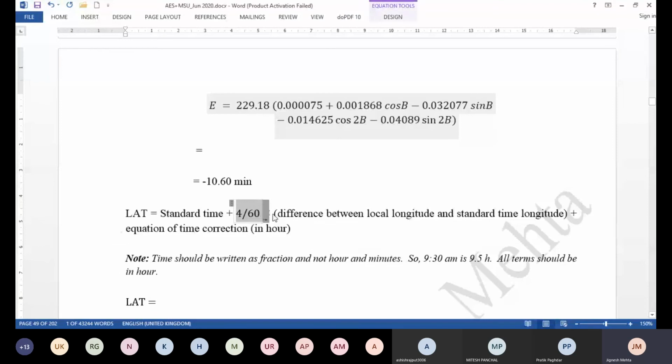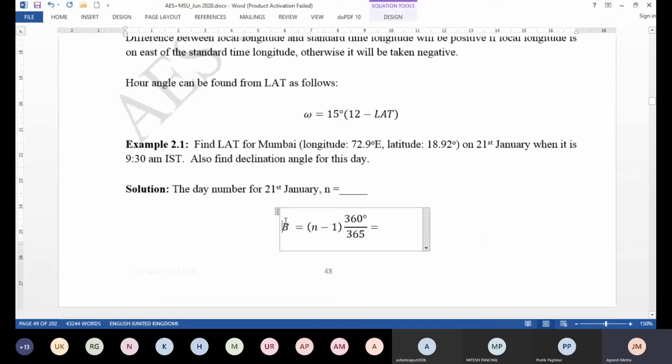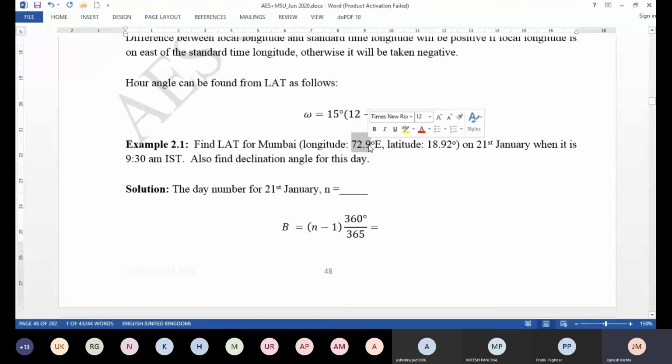4 by 60. And what is the difference? The difference is the difference between this 72.9 and 82.5. So this is in fraction. Mind well, this is in fraction, so you can use it as it is.